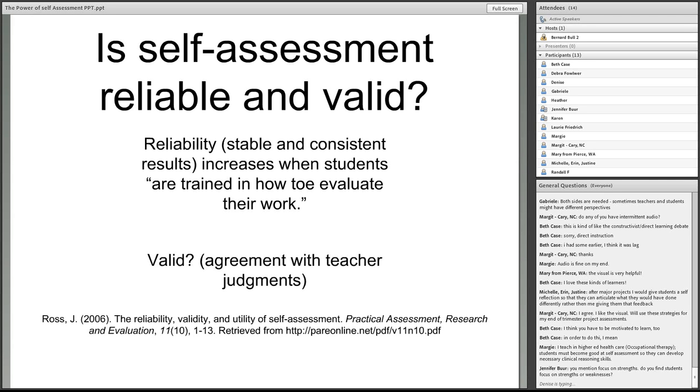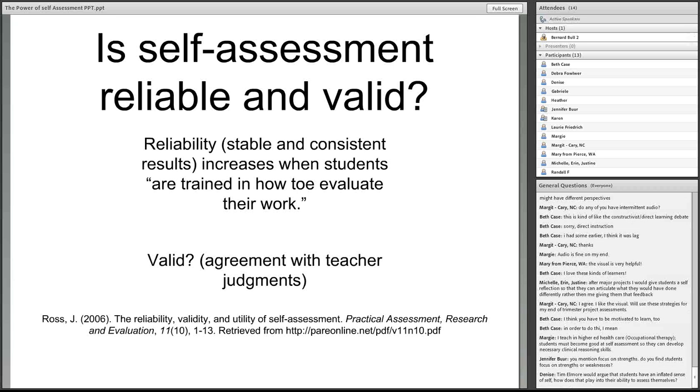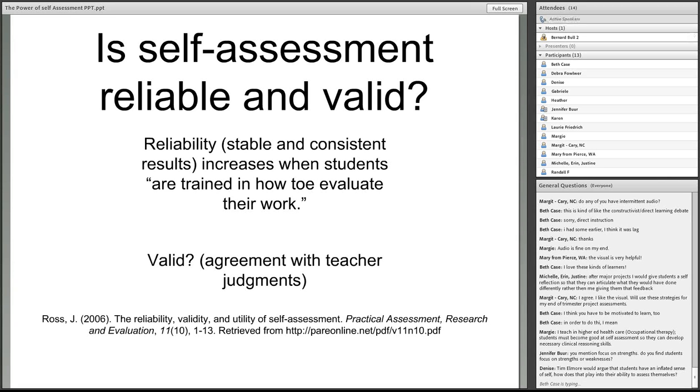And they found that the reliability of self-assessment tools increases when students are trained, and I apologize for the typo, it should be "how to", when students are trained in how to evaluate their work. So first of all, their study did find a good measure of reliability with regard to self-assessments, especially in the shorter term, like within a course, students engaging in self-assessments multiple times over the course of a unit or something like that.